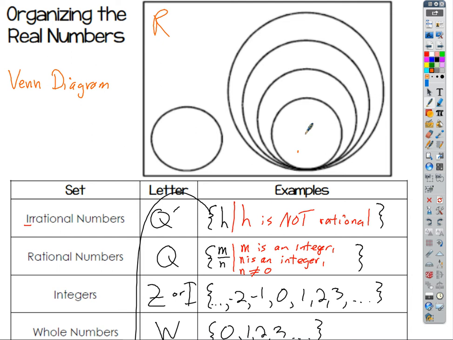So there's n, right? Counting numbers. What's next? W. Okay, so W would go here, wouldn't it? Because now we've got all this stuff, but we're also including one extra element, which is 0. So we need a little bit bigger set for that, right? Now what? I or Z, either one. There's our integers, right?